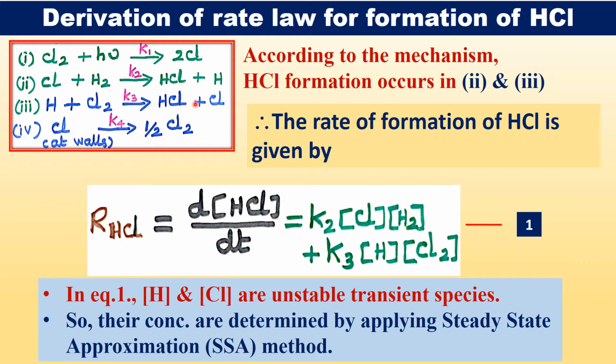In the previous slide, we have seen the mechanism of the photochemical reaction. Let us now derive the rate law for the photochemical formation of hydrogen chloride. In the overall reaction, hydrogen chloride is formed.